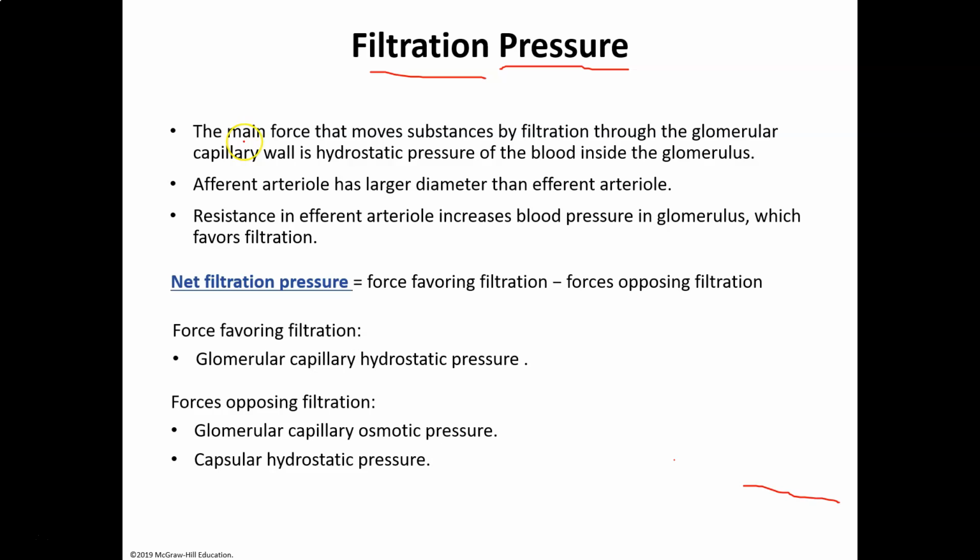Of course, the main force that pushes things through by filtration is, as you might expect, hydrostatic pressure. That just means blood pressure, right? Blood pressure is pushing things into the glomerulus. Okay, so that's a pressure. Well, if you've got slits inside the blood vessels inside the glomerulus, you're going to get some leak because you've got pressure behind them.